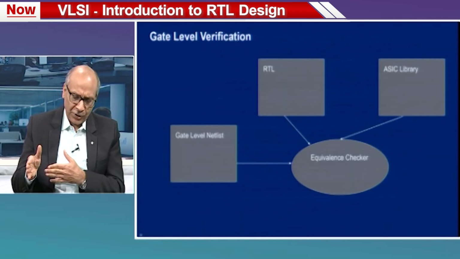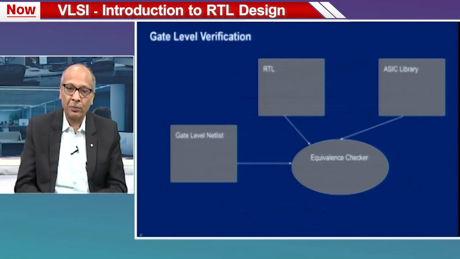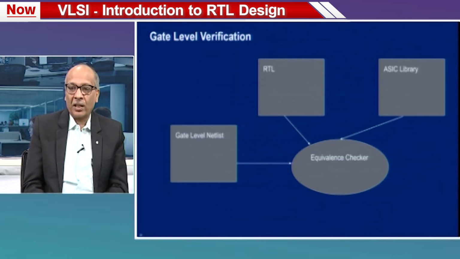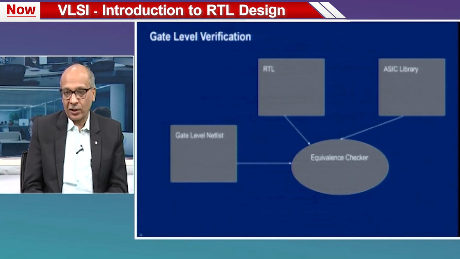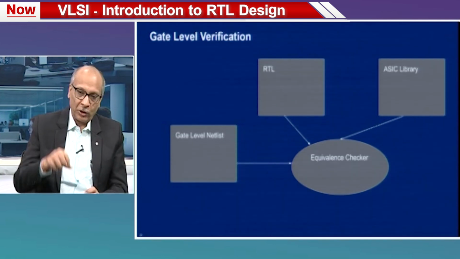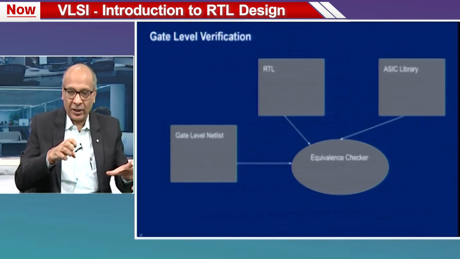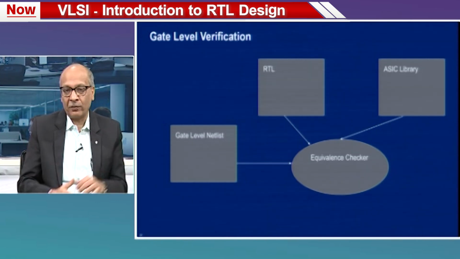The advantage of equivalence checker over simulation is it does not depend on input vectors. But the equivalence checker's major limitation is it cannot deal with very large circuits. So, that is why we have to use both equivalence checker for completeness and simulation, because equivalence checker cannot deal with large circuits. So, for larger circuits we have to go to simulation.